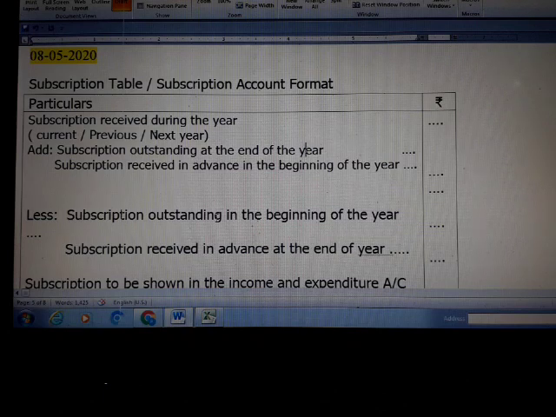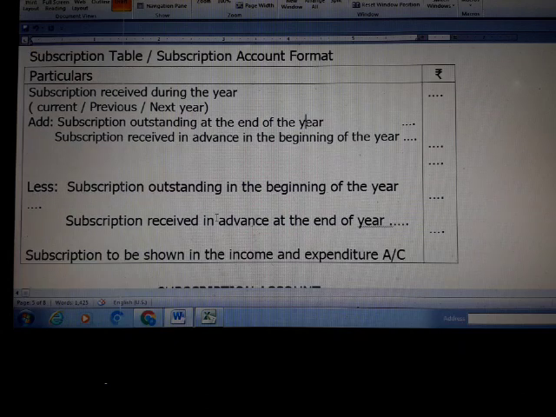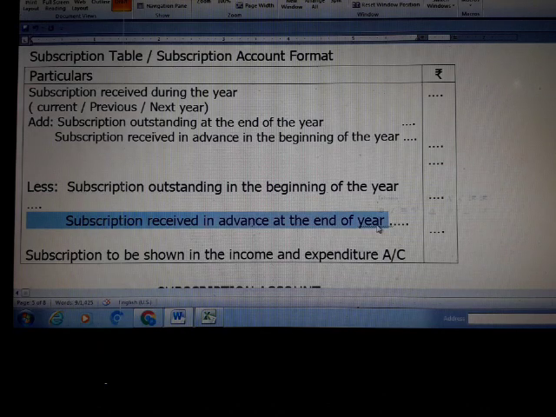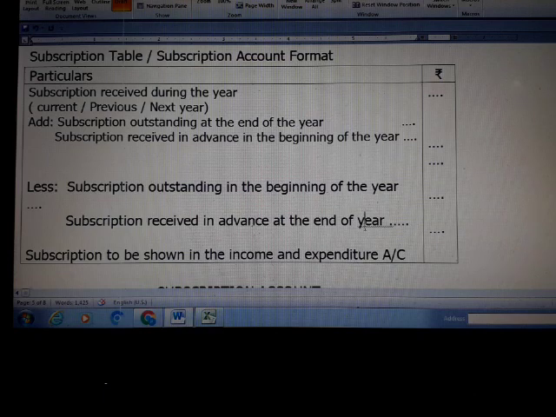So obviously that is a previous year's outstanding, which we have to delete, that is, subtract. Followed by that, if you have received any subscription in advance during the current year, 2019-20, then that subscription you have to subtract as well.